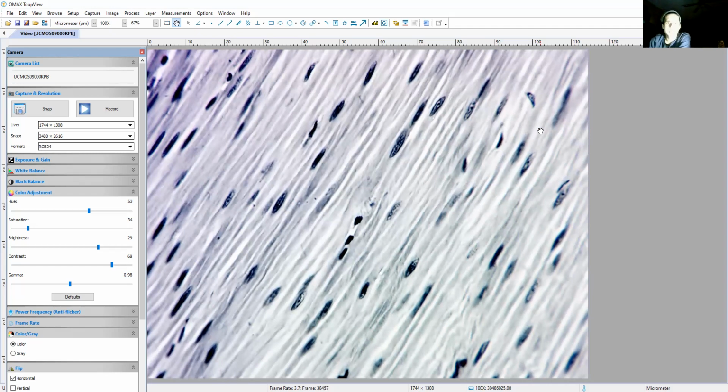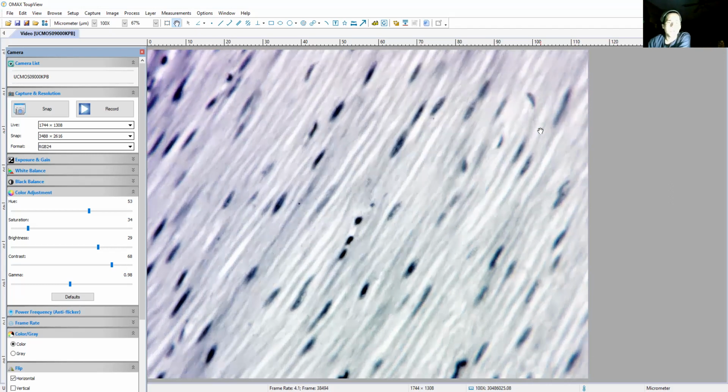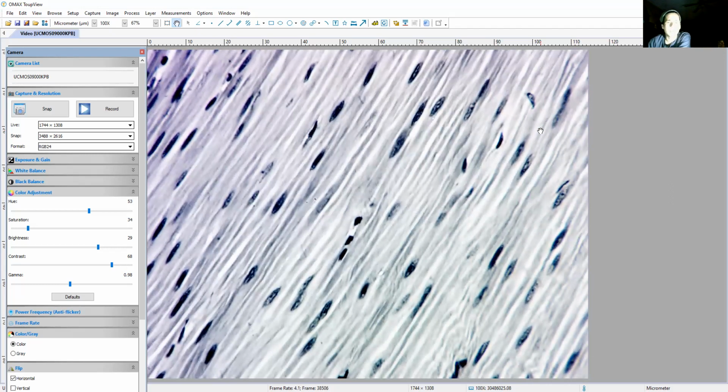See no striations, no branching. It does not appear to be multinucleated the way that our skeletal muscle does, where you see large bands with multiple nuclei embedded in them. Appears to be one per strand, right? If we look at this. So this is our smooth muscle. No striations, no branches.